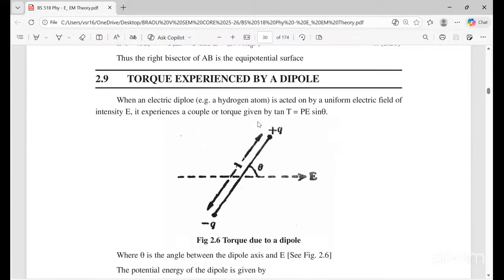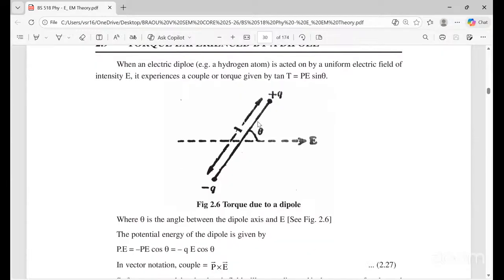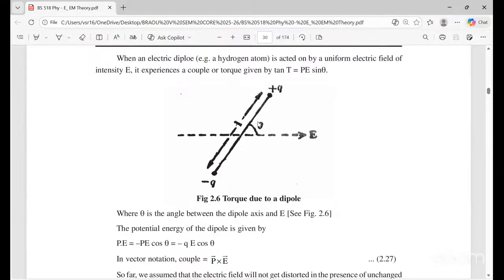Next is the torque experienced by a dipole. Whenever an electric dipole, like a hydrogen atom H2, is acted on by a uniform electric field intensity E, it experiences a couple, which is a torque tau.